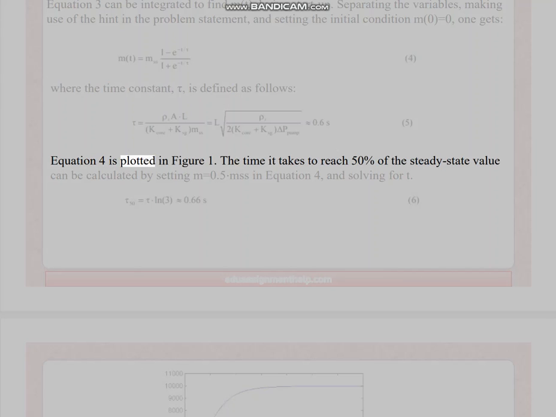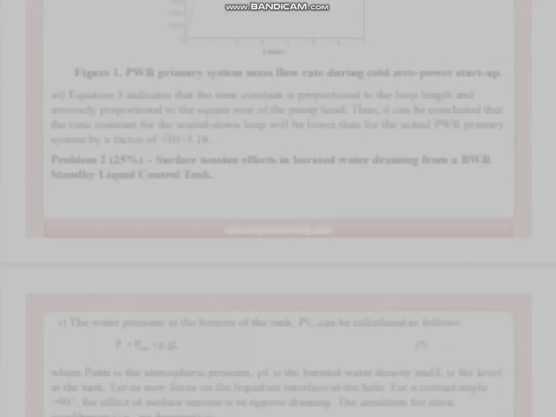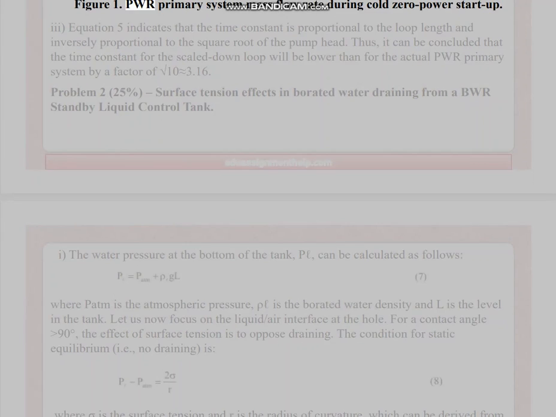Equation 4 is plotted in Figure 1. The time it takes to reach 50% of the steady-state value can be calculated by setting m equals 0.5 m_SS in equation 4 and solving for t. Figure 1. PWR primary system mass flow rate during cold zero power startup.